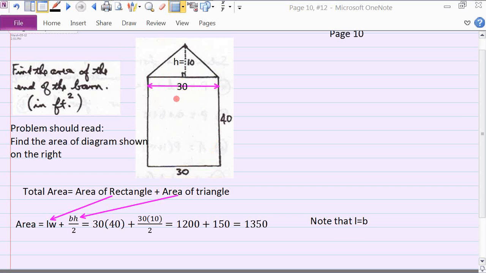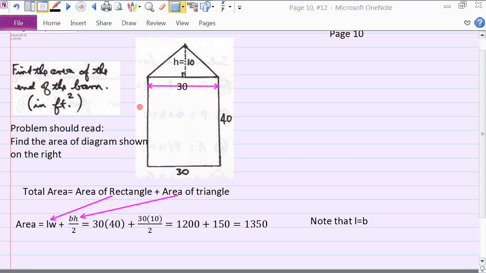So we're given this diagram here, and we know that if this is 30 right here, and assuming that this is a rectangle, this must be 30 up here. So we know that's 30. And so here we have this dimension as 40.